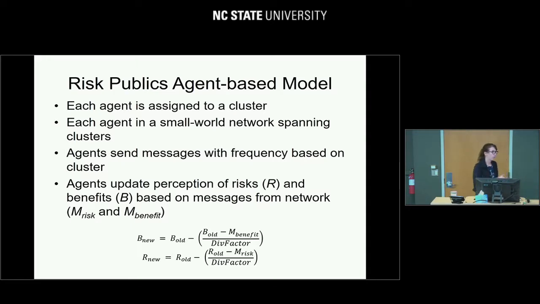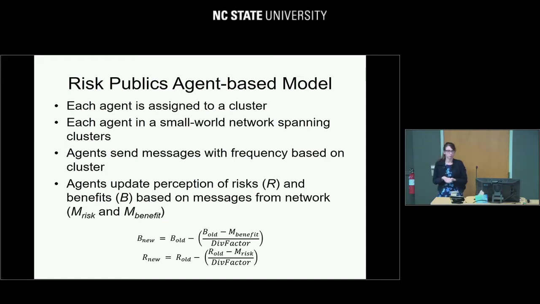So we have the 4 clusters: optimistic, conflicted, disengaged, and alarmed. And we assign each agent to one of those clusters. And then each agent is also assigned to a small world network. So the cluster defines their perception of risk and benefit based on that survey. The small world network defines who that agent is connected to share information about the technology.